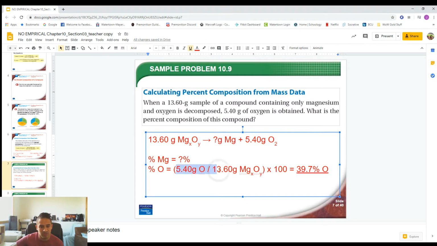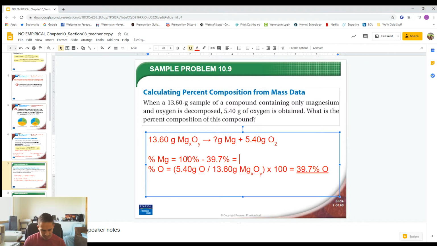Then we could do this whole thing like we just did with the magnesium mass and get the percentage that way. Either one works just fine. I'm just going to take 100 minus 39.7 because it's a little faster. Again, the difference here is going to be the magnesium percentage.